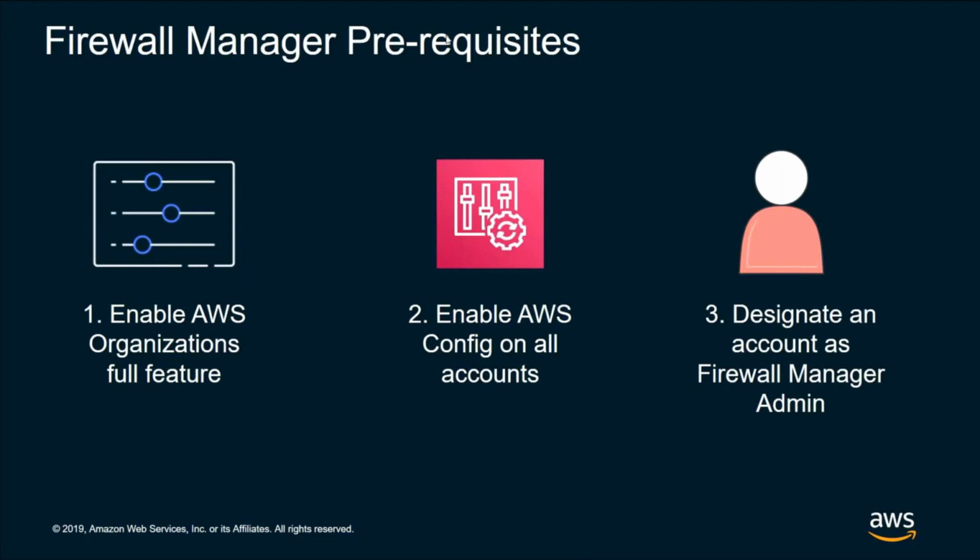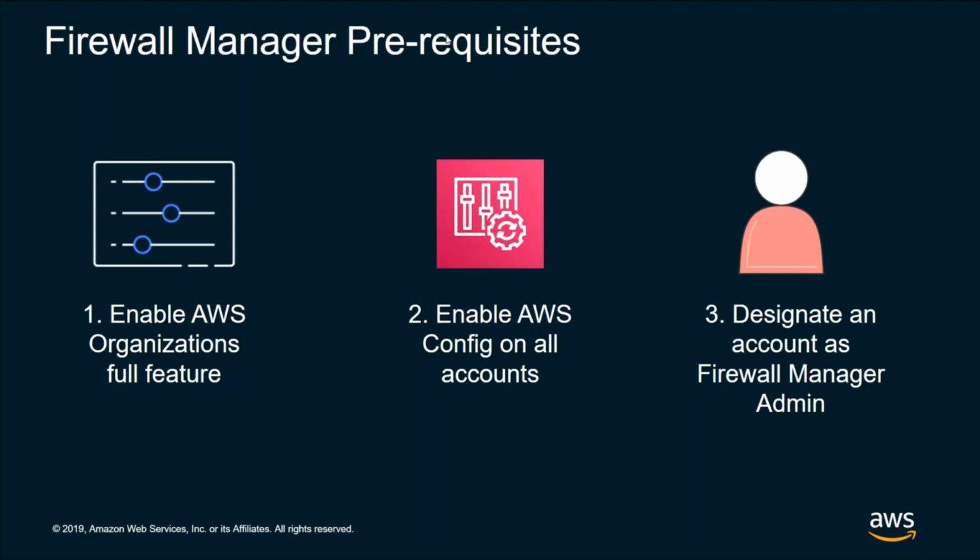As I was talking about earlier, you need to enable AWS Organizations' full features to be able to use Firewall Manager. As Firewall Manager integrates natively with Organizations, this immediately allows it to have an administrator which has the permissions to manage security groups, WAF, and Shield. So enable AWS Organizations' full features.